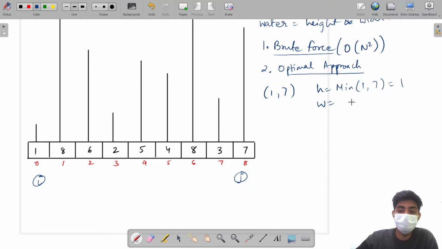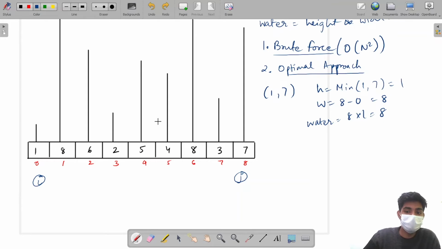And what is going to be my width? My width is going to be the difference between 8 and 0, right? So 8 minus 0 gives me 8. So the water will be height into width, which is 8 into 1, which is 8, right? This is not my right answer, but this is the answer at this point.